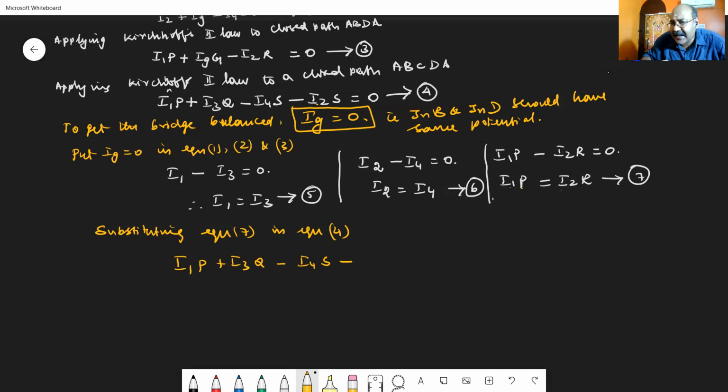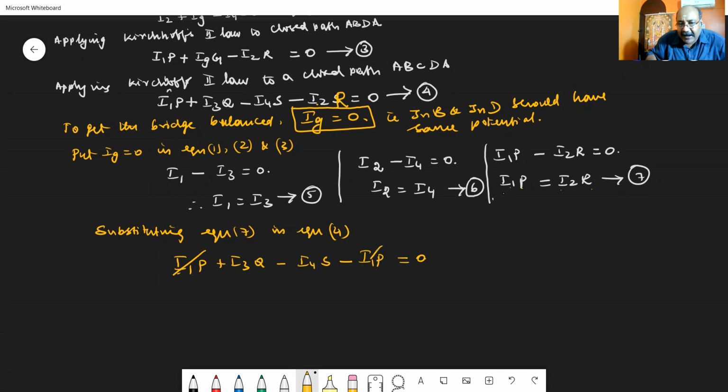I1P can be written as I2R, and this is R, not S, isn't it? I2 is considered to be R. The current I2 is passing through the resistance R. Here we have made a mistake, so this should be R. So I2R is equal to I1P.